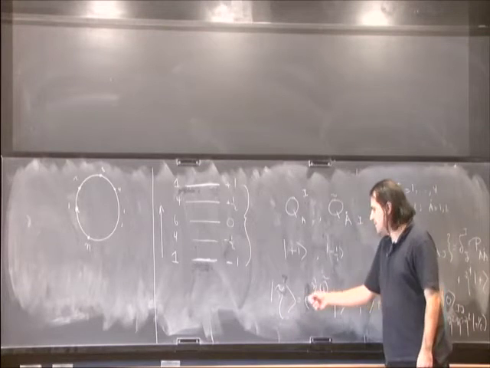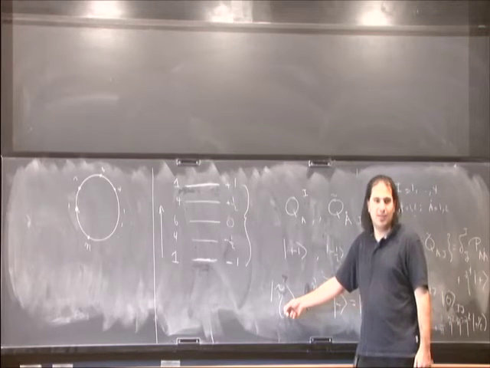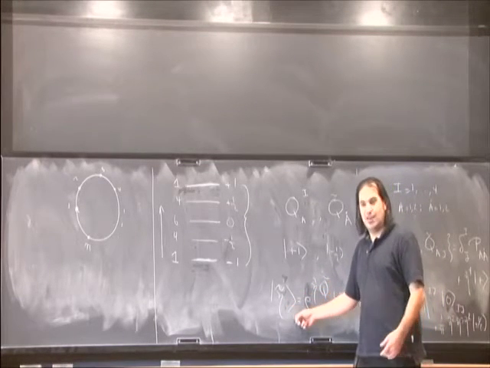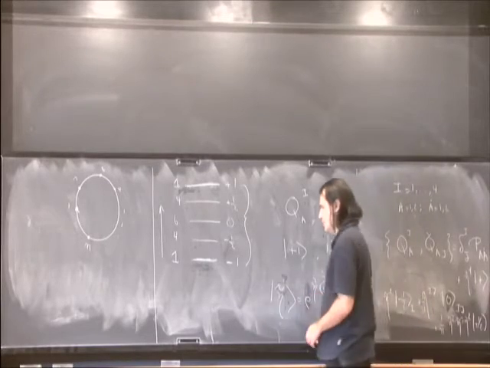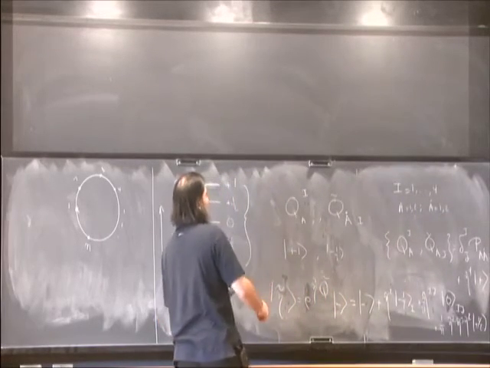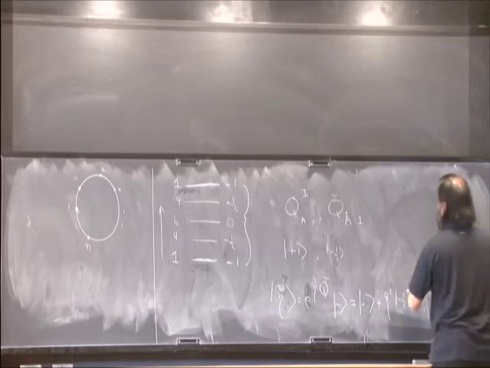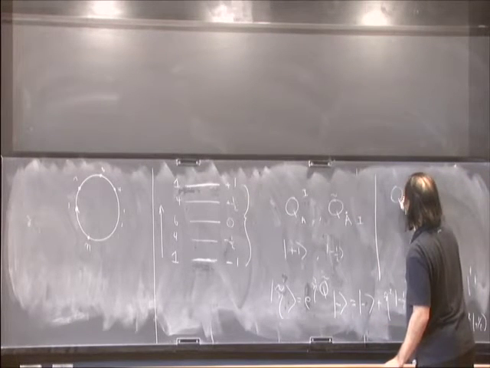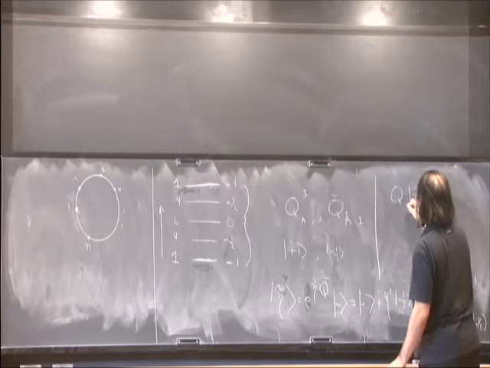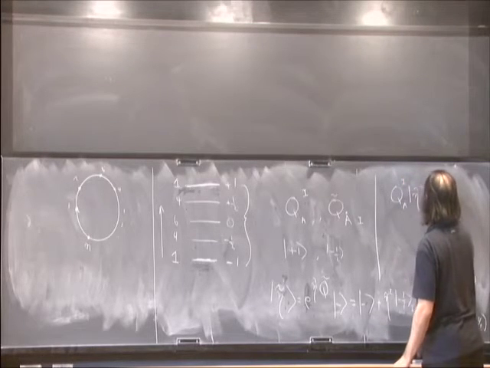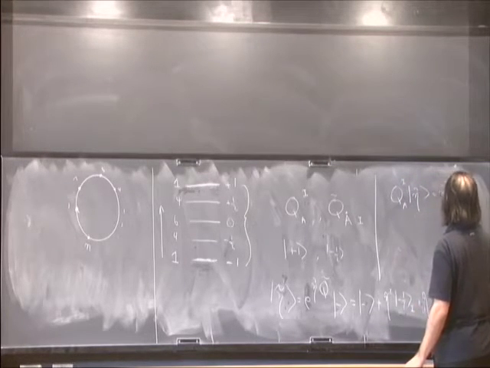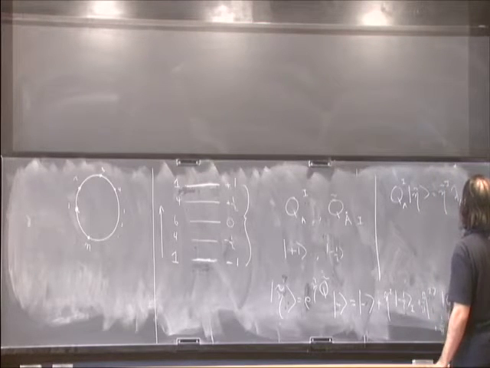This state is an eigenstate of Q. Okay? So Q on eta tilde, so Q_A^I on eta tilde is in fact eta tilde I lambda A times eta tilde.